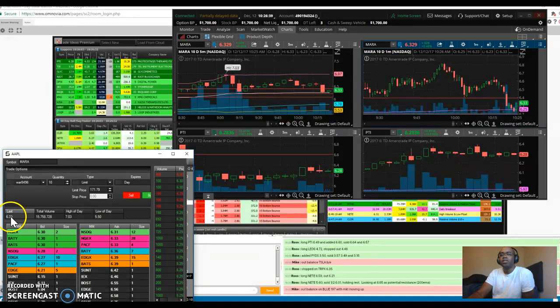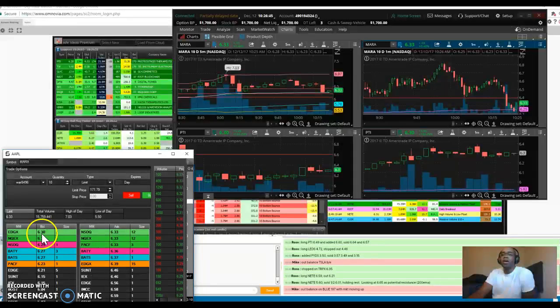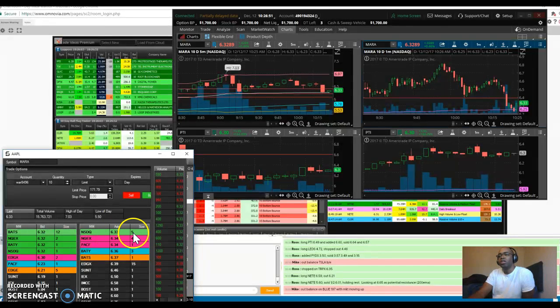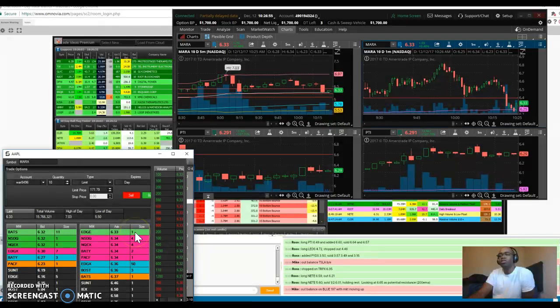Last is the current price. Right here we see a size of 50,000 shares willing to buy at 630. Then on the sell side, which is the ask over here, 633. You see it was 5, now it's 2, and this stuff moves quickly.